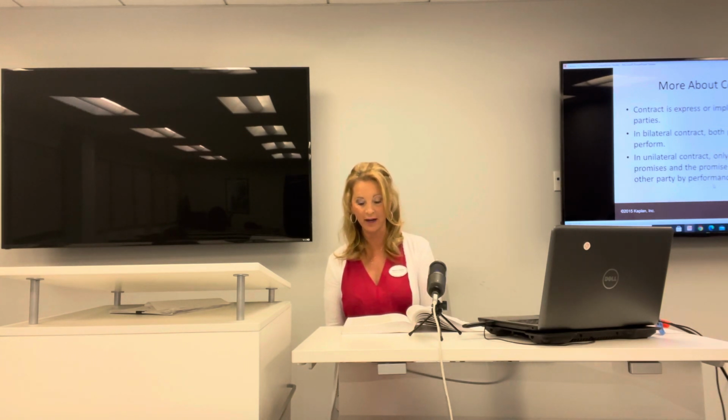So a listing contract is a bilateral contract because the seller is agreeing to do something and the real estate agent is agreeing to do something. The agent is agreeing to help you find a ready, willing, and able buyer, and the seller's agreeing to read the terms of the contract and help you.